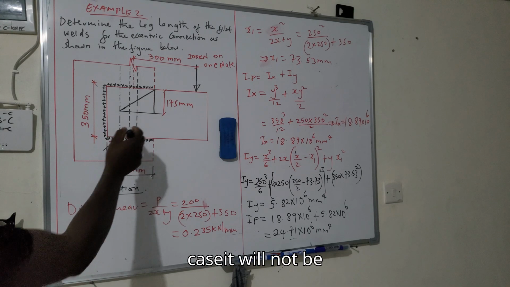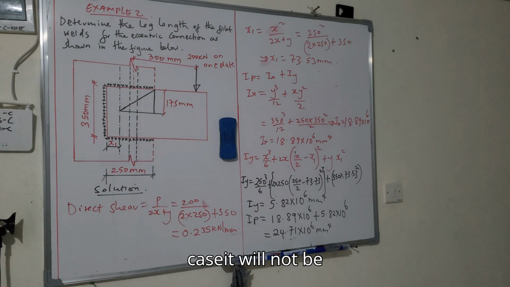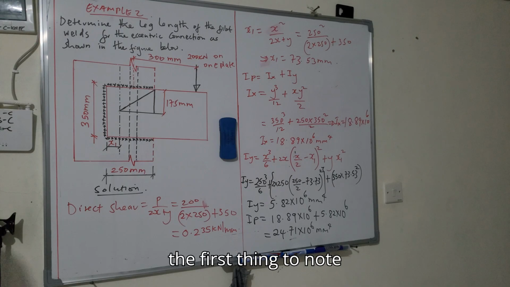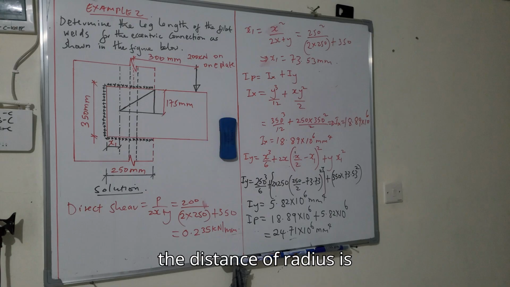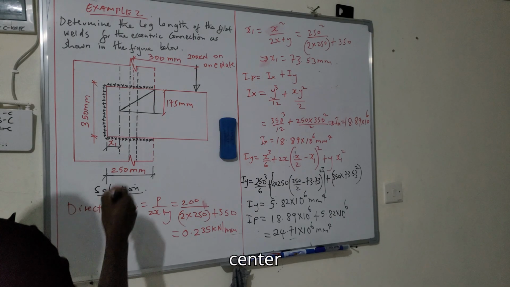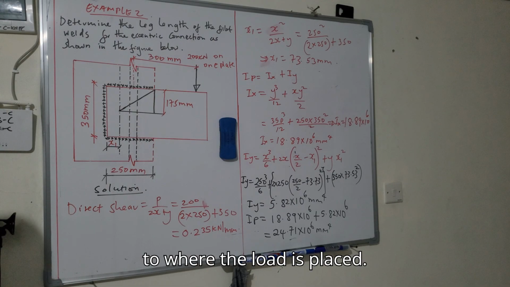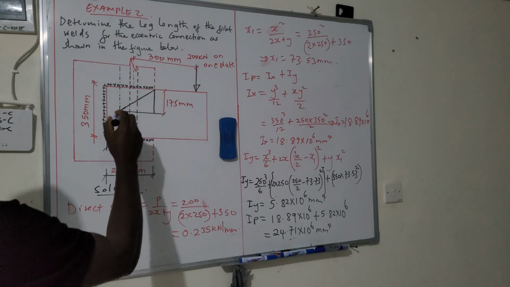For this case, the distance of radius is the distance from this center to where the load is placed.